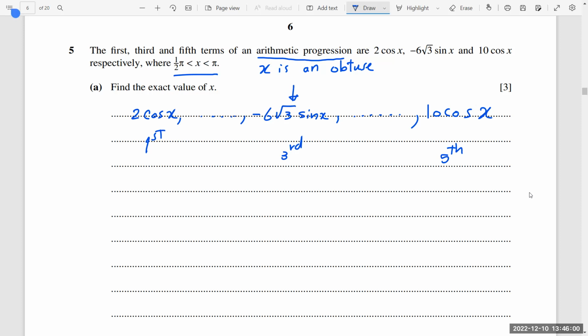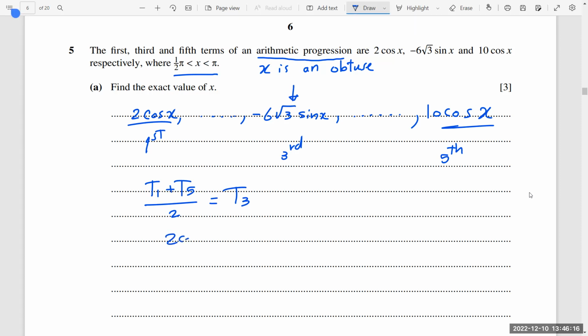This term, negative 6 radical 3 sine x, is the median of this term and this term. I want to say that the sum of term number 1 plus term number 5, over 2, will be term number 3, the average.